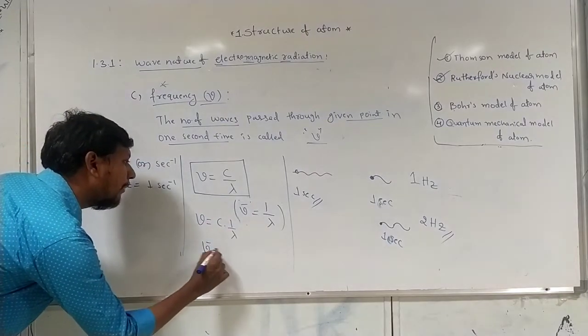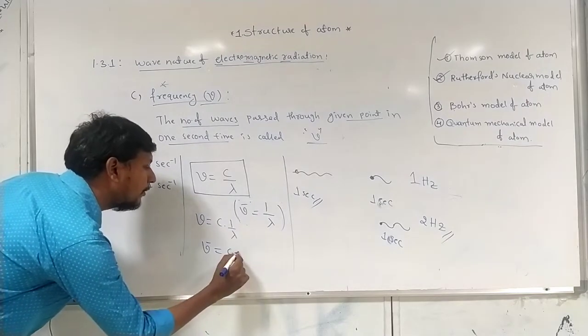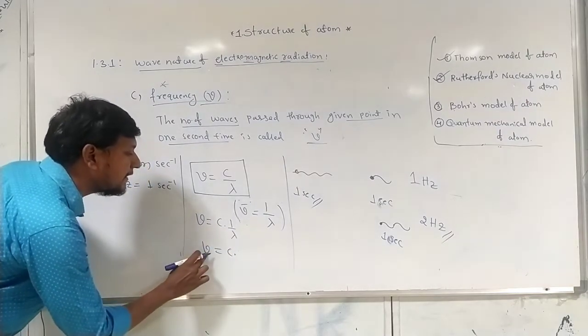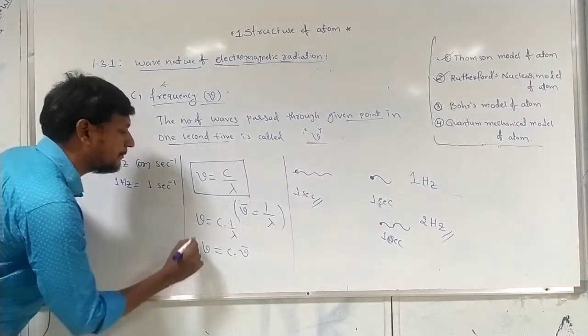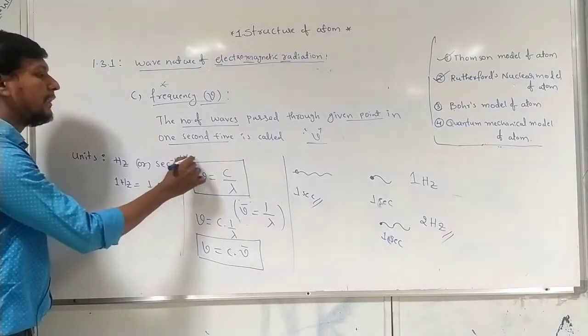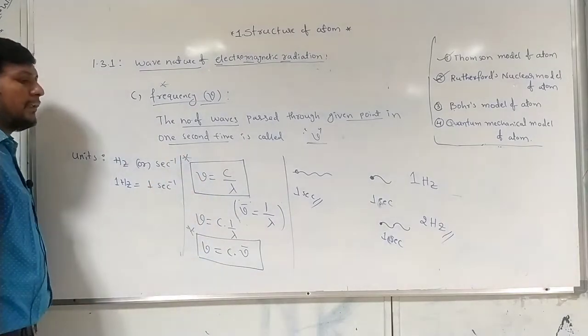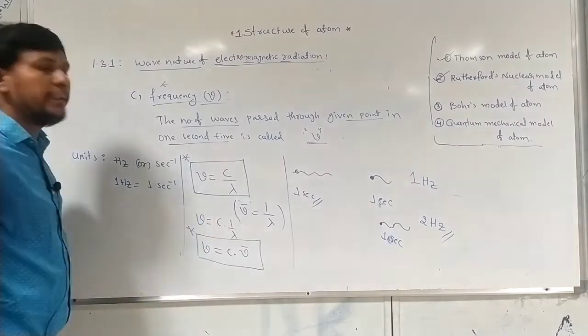So mu bar is equal to velocity of light into wave number. This is another relationship. You have to remember this one and this one for solving the numerical problems. Note it down.